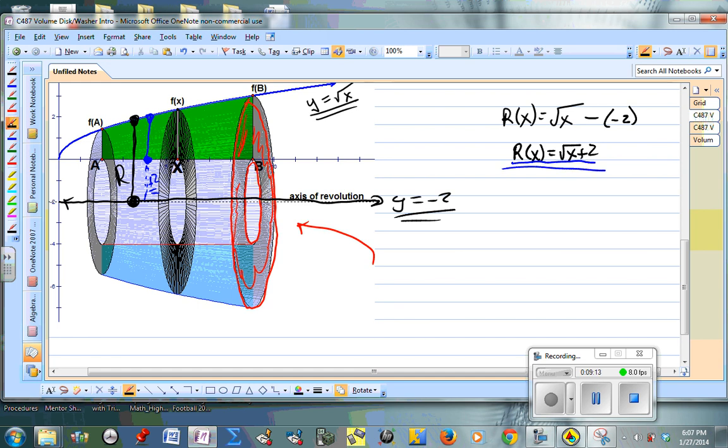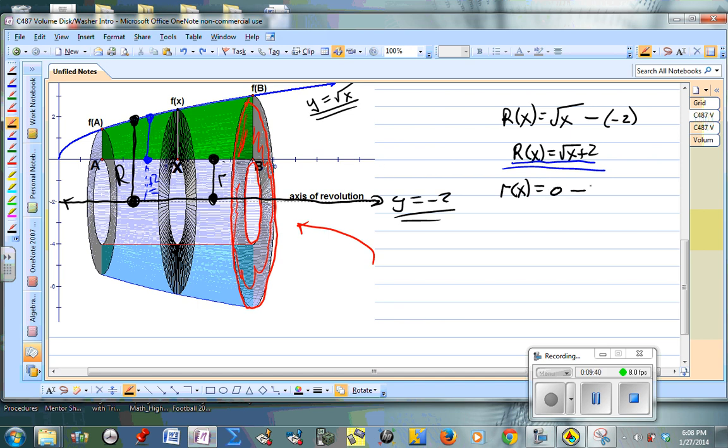And now let's find the little radius. To find the little radius, we draw a segment from the axis of revolution to the near side of the shaded region. Okay. Let's set up an expression to represent the little radius. Once again, we'll do top minus bottom. What's at the top of the radius segment? It looks like we are at the x-axis, or y equals 0.